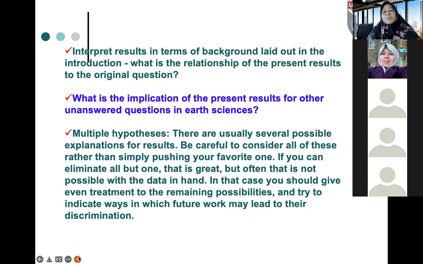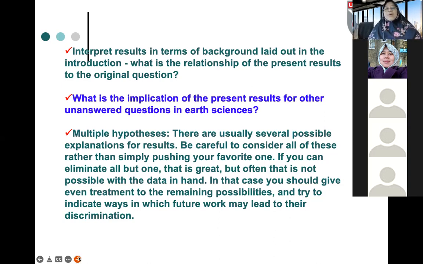And whenever you discuss the result, it should tailor to support the objective section. So if your objective is to optimize the formulation of the nano delivery, for example, then the discussion should be supporting the objective of getting an optimized formulation.